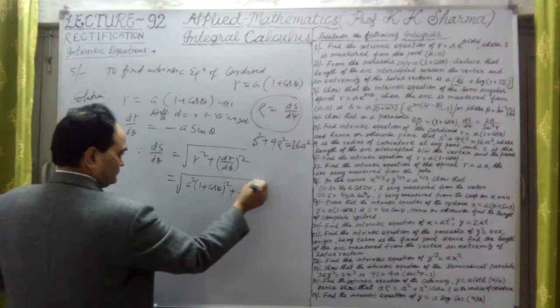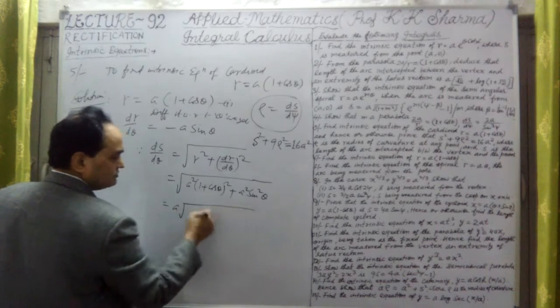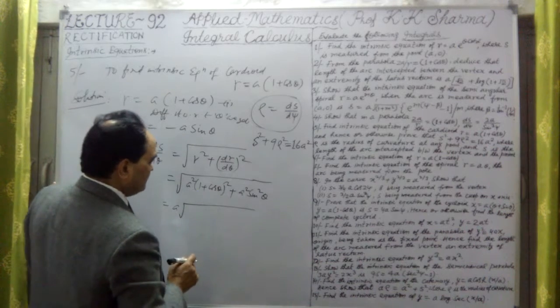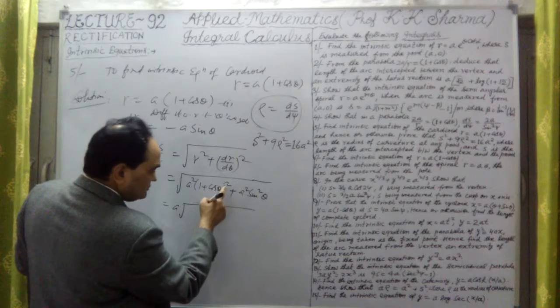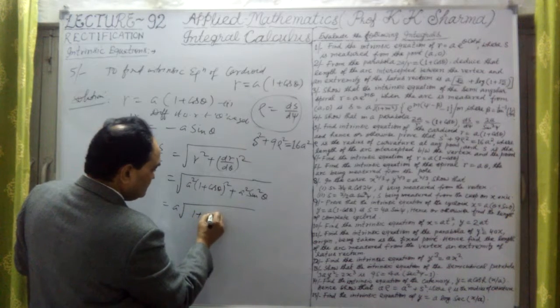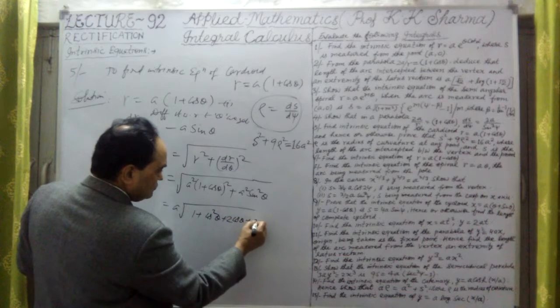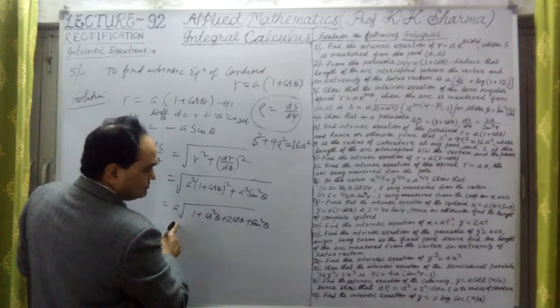Here we can take a out of the square root. Now 1 plus cos theta whole square means 1 plus cos square theta plus 2 cos theta, because a square we have taken out of the square root.